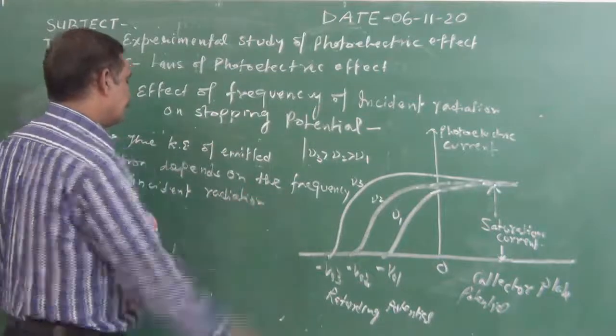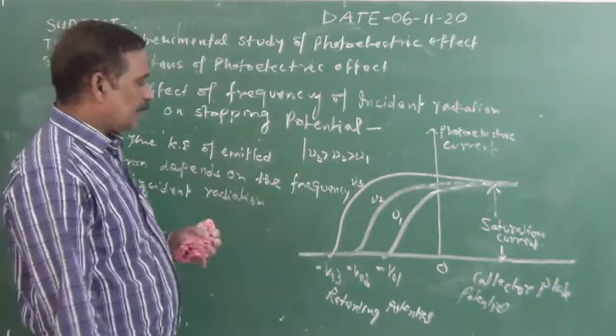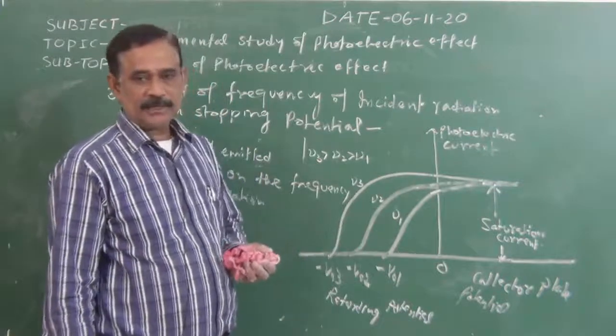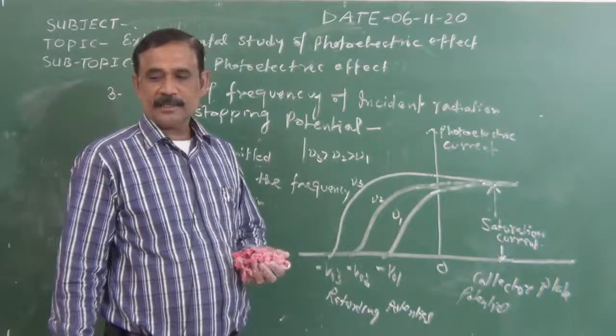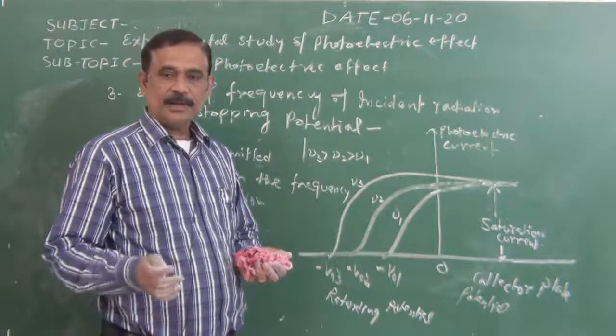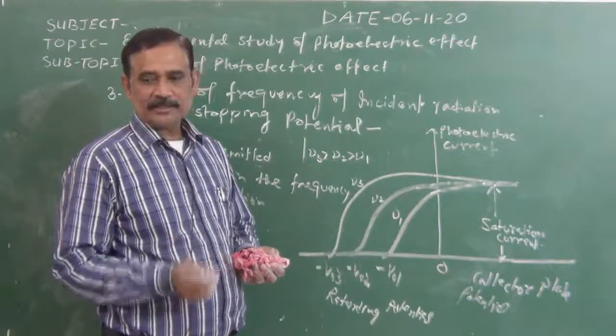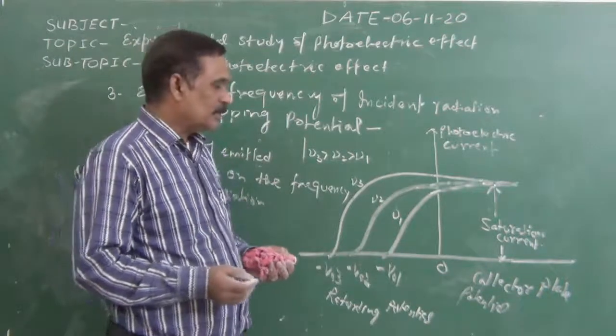It means maximum kinetic energy of electron depends on the frequency of radiation, does not depend on the intensity of light, but the number of electrons emitted from the metal depends on the intensity of light, does not depend on the frequency.